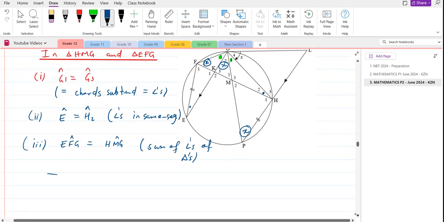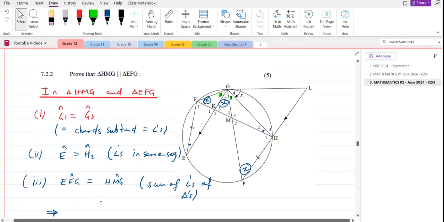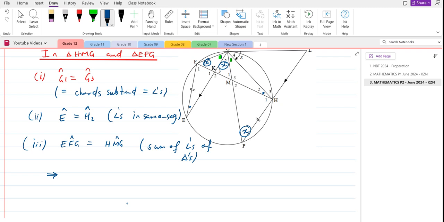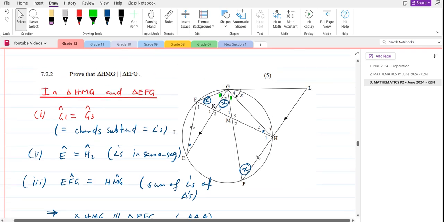Sorry guys, but I hope you understand why it's not 90, because that's not a diameter. Okay, so triangle HMG is now similar to triangle EFG because we have angle, angle, angle. We have three angles that are equal, and that proves this entire thing. So we know this triangle is similar to this triangle over here.